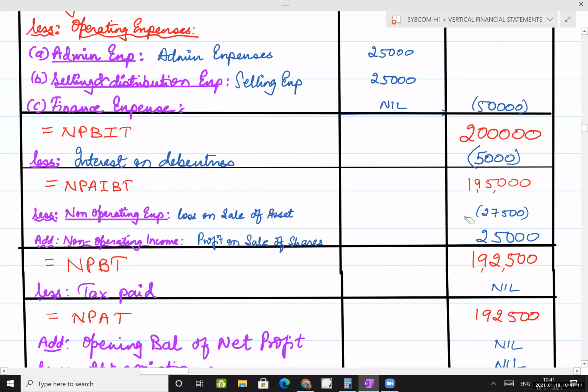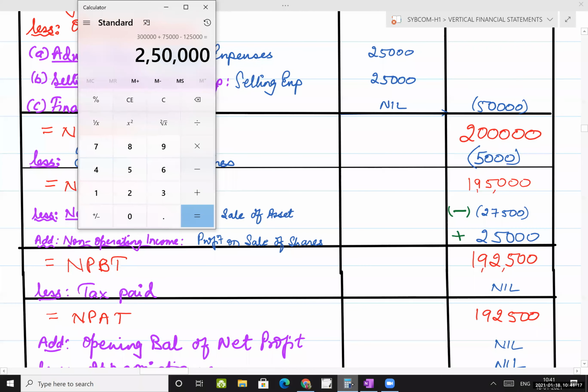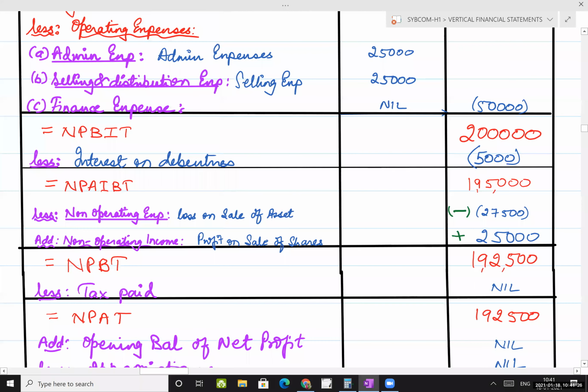Okay, solve it. This is minus and this is plus. So 1,95,000 minus 27,500 plus 25,000 is 1,92,500. Okay, so that's my NPBT, net profit before taxes.